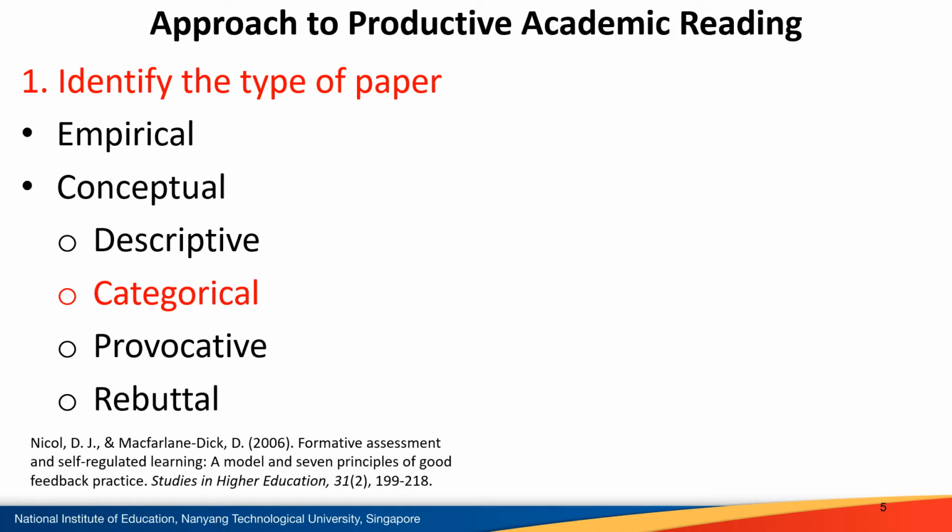In this paper by Nicol and Macfarlane-Dick 2006 that's entitled Formative Assessment and Self-Regulated Learning: A Model and Seven Principles of Good Feedback Practice, from the title and if you read the abstract, you will find that it is a more conceptual paper as opposed to an empirical paper. Conceptual papers can be divided into descriptive, categorical, provocative, and rebuttal.